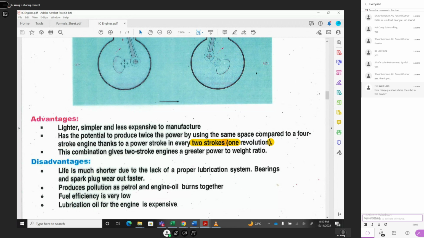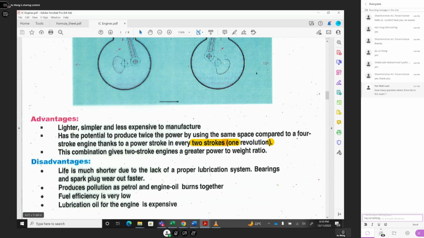So in one revolution, the four-stroke engine only has half a power stroke. That's why potentially the two-stroke engine has double the power output compared with the four-stroke engine. And this combination gives the two-stroke engine a great power-to-weight ratio.